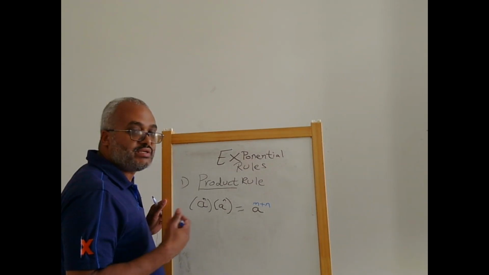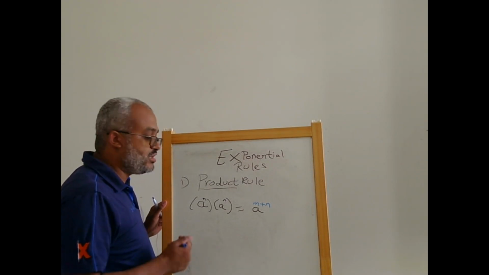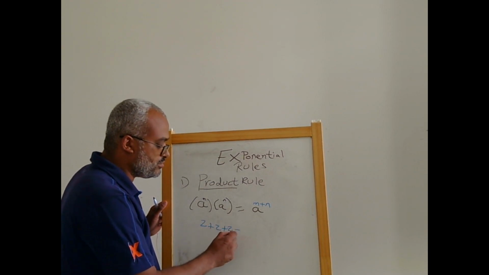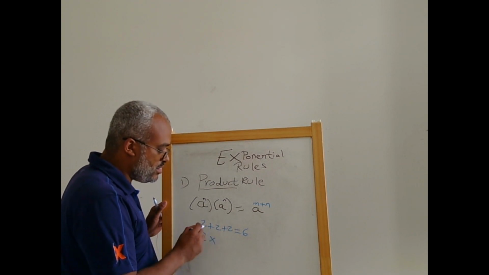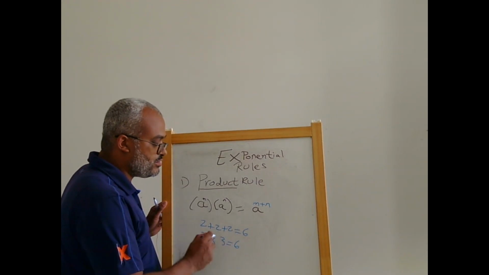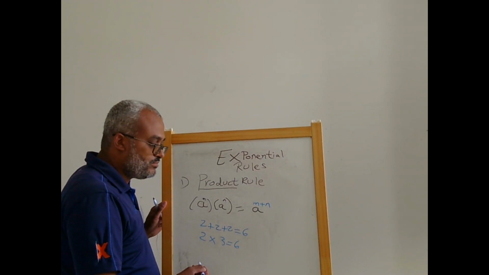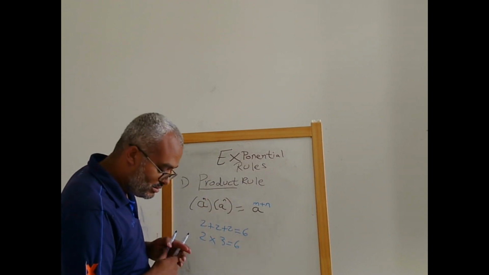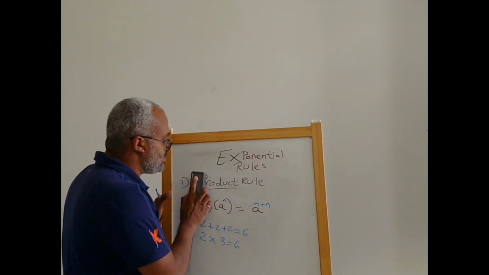Remember when we were little kids, when we learned how to do multiplication, instead of saying 2 plus 2 plus 2, which is equal to 6, what did we do? We said 2 times, how many are there? 1, 2, 3. So addition goes with multiplication. Okay? It's called the product rule.